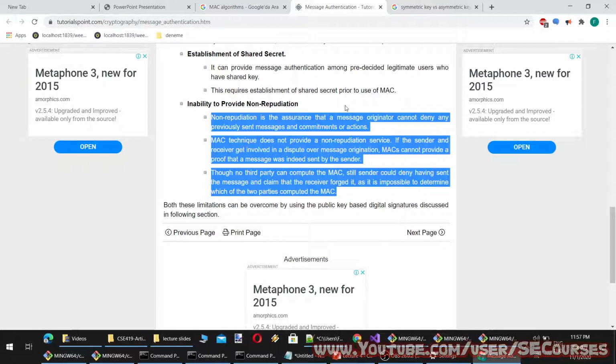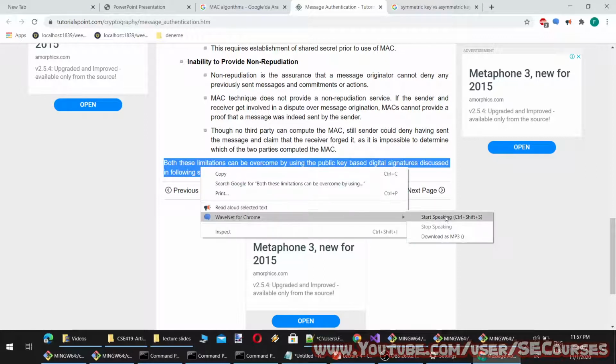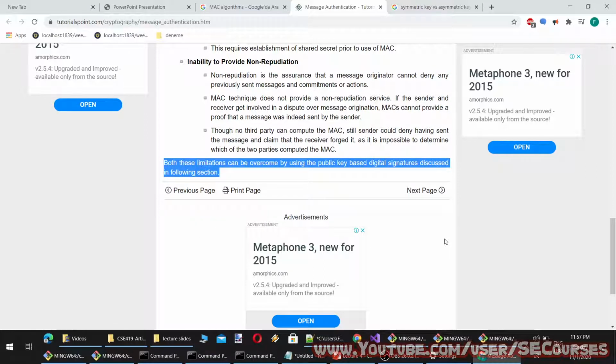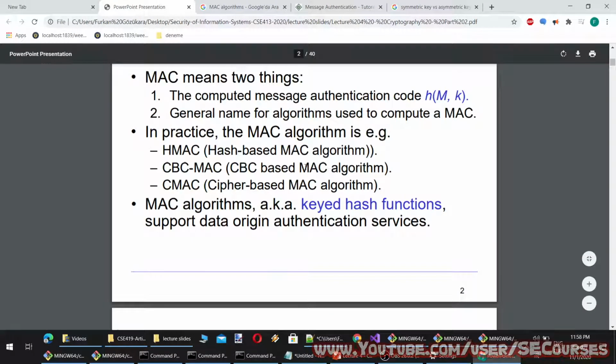However, there is no way to verify the sender indeed sent that message, because they both have the secret key and they both use the same MAC algorithm, which is a public one in most cases. So this is a non-repudiation problem. Both these limitations can be overcome by using the public key-based digital signatures discussed in the following section. Okay, we will see more about that in future.